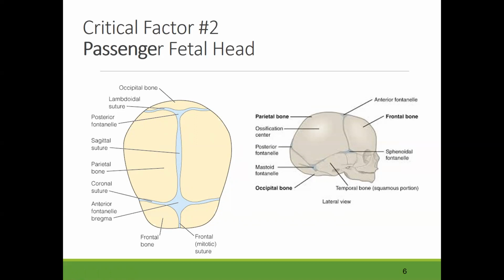Now, the sutures of the head are membranous spaces between the cranial bones. The important sutures of the cranium are the frontal, sagittal, coronal, and lambdoidal sutures. The intersections of the cranial sutures are called fontanelles. The fontanelles help identify the position of the fetal head during the vaginal examination. So when we do a vaginal examination on a woman, we put our hand in the vagina, and we're actually feeling for these sutures here.